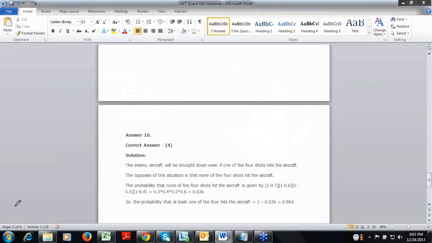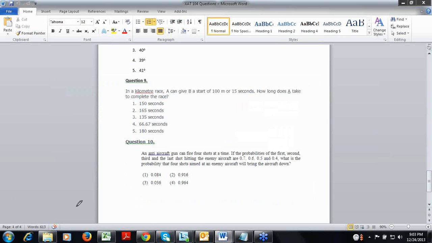So we'll say the probability that none of the shots actually hit it. It is saying that 0.7 is the probability of hitting, so the probability of not hitting is 0.3. Similarly 0.6, so the probability of not hitting is 0.4. Then 0.5, so the probability of not hitting is 0.5.